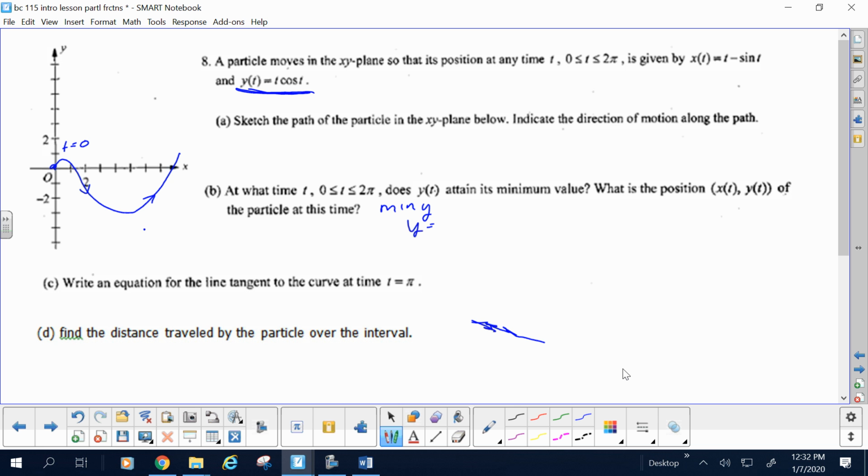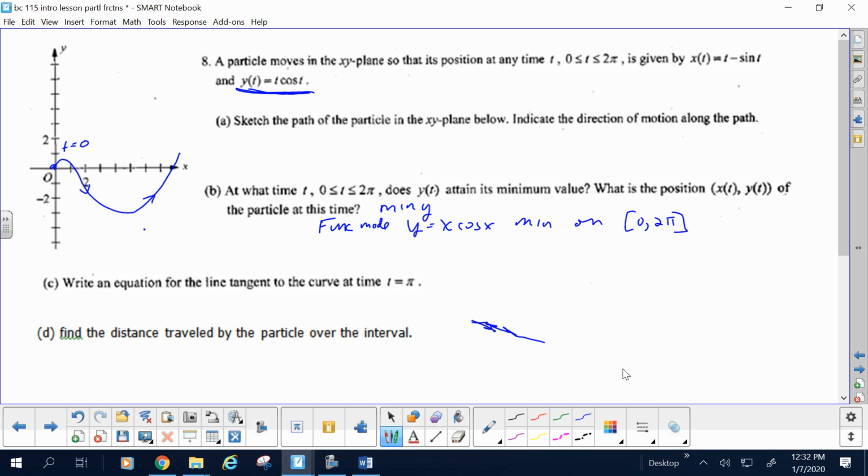You would put it in function mode and graph just y equals x cosine of x and find the min on 0 to 2 pi. Obviously it's not going to be the same as parametric, but it gets you the value that is the lowest for that y equation.